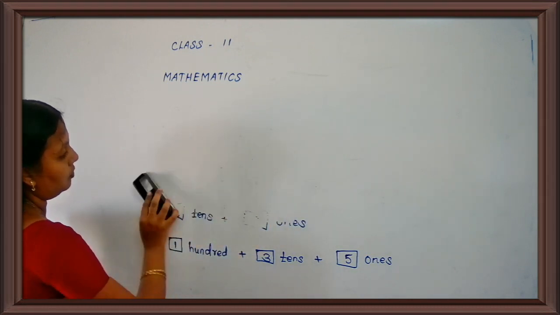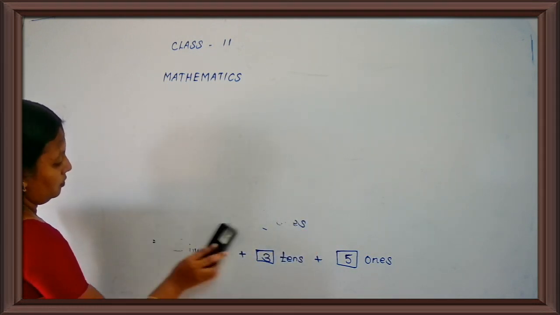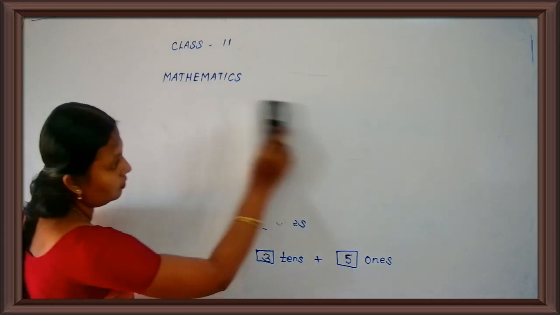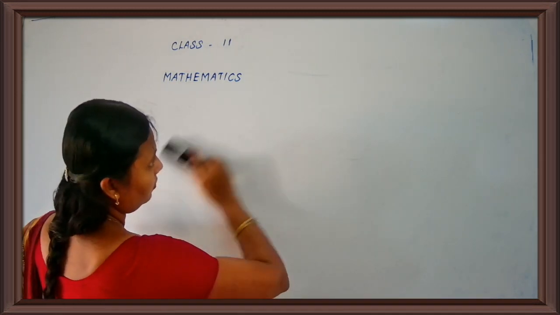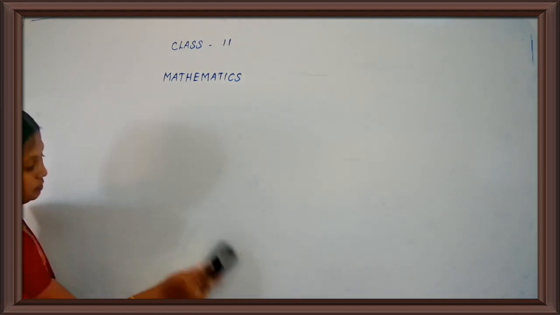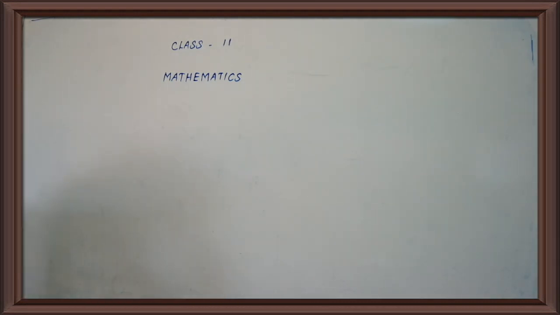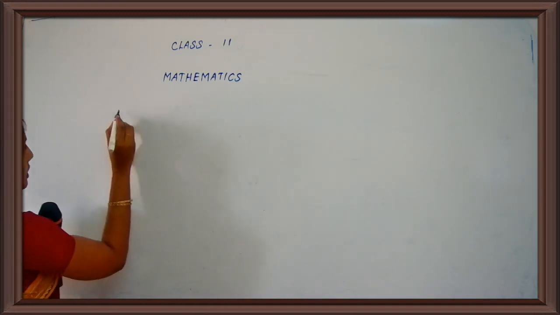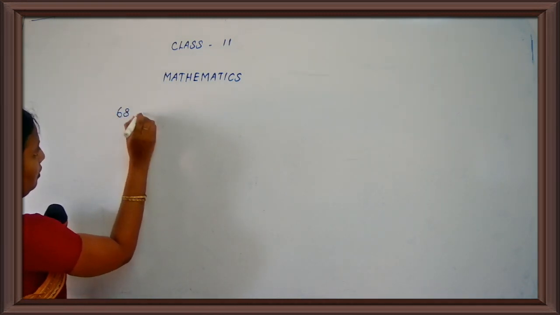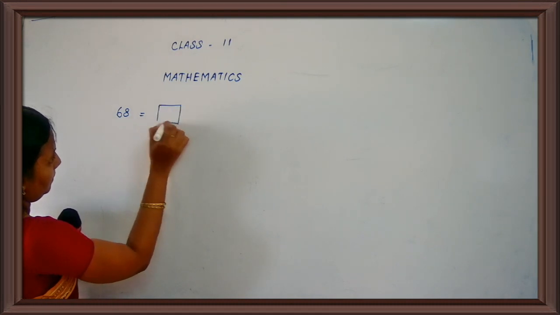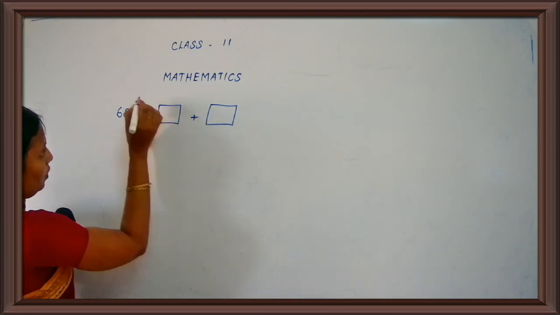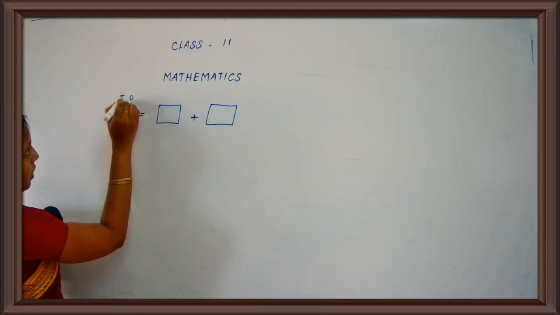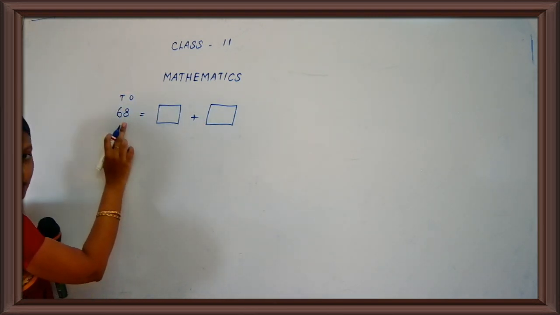26: 2 is in the tens place, 6 is in the ones place. Then 44. The first one is 4 in the ones place and tens place.